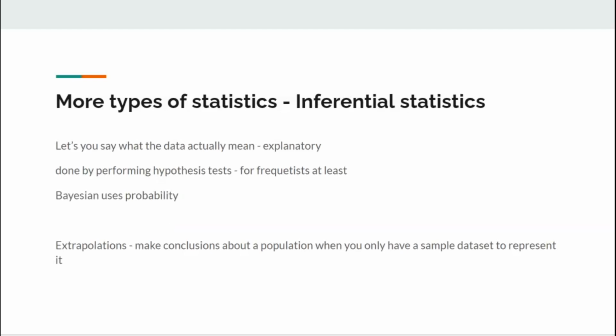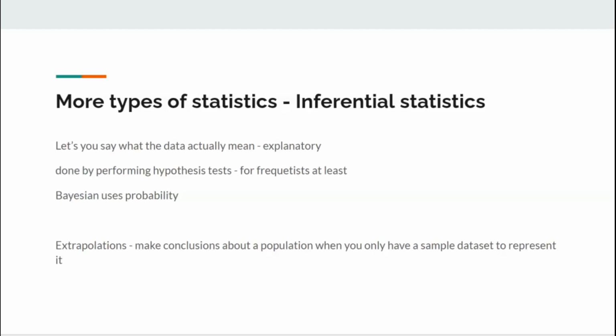And from those descriptive statistics, we can move to the next step and start using a different kind of statistics called inferential statistics, which try to explain what the data mean, and in which case inferential statistics are defined as explanatory because they're explaining. And often we're taught that by doing hypothesis tests, so things like ANOVAs, t-tests, things like that.